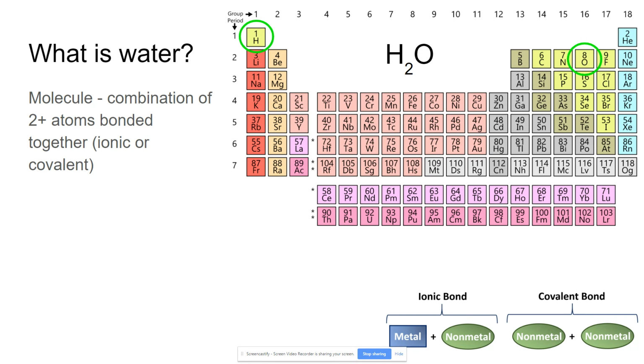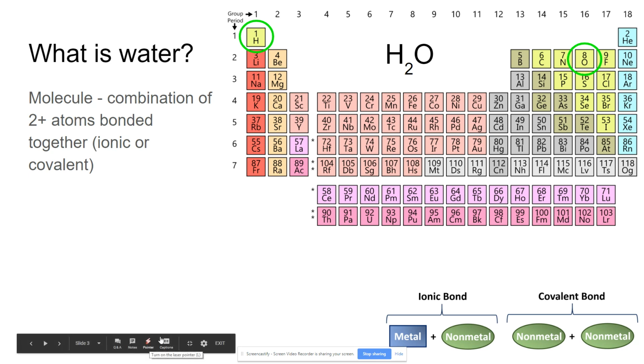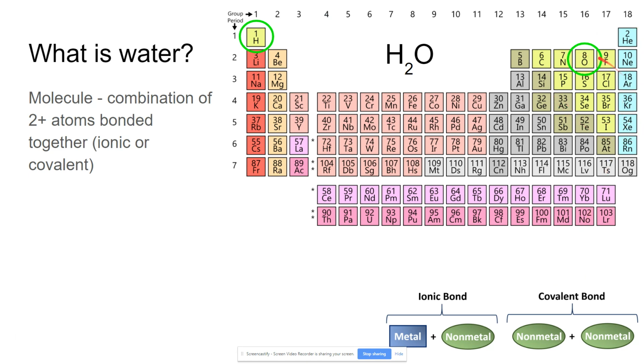An easy way you can remember how it might bind is by thinking about that metals and nonmetals, if they come together, that's going to form an ionic bond. And two nonmetals coming together is going to form a covalent bond. Now, for any of you guys that don't remember a whole lot of chemistry, the nonmetals are located on this right side of the periodic table.